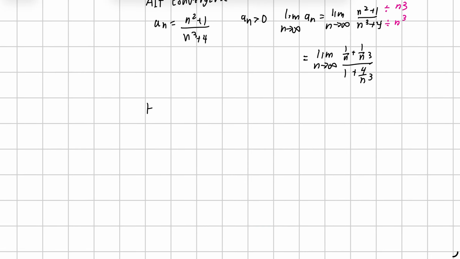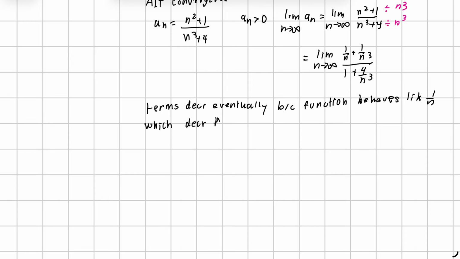So our terms are going to decrease eventually, because the function behaves like one over n, which decreases for large n.